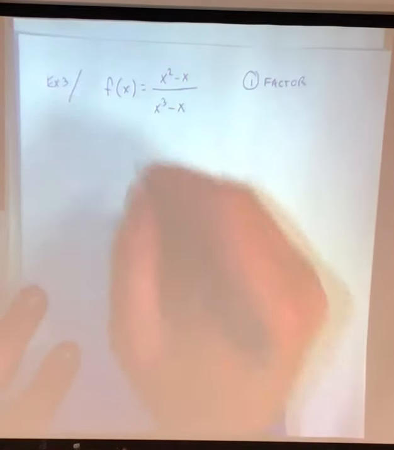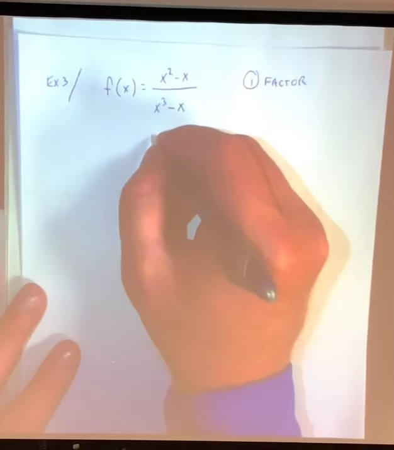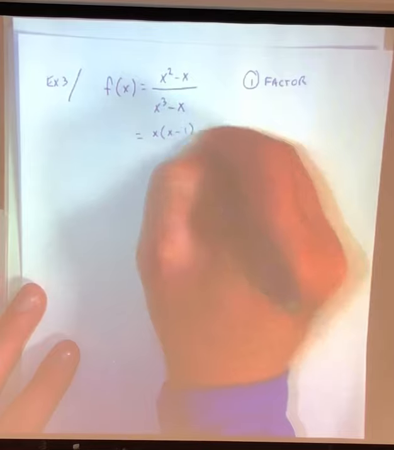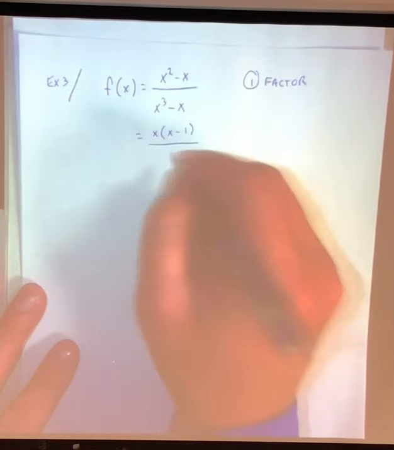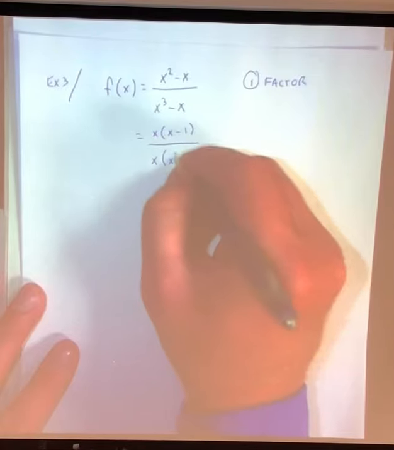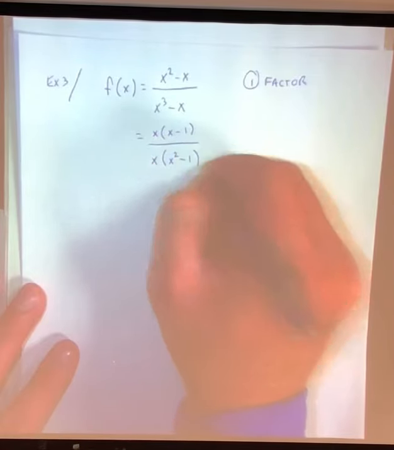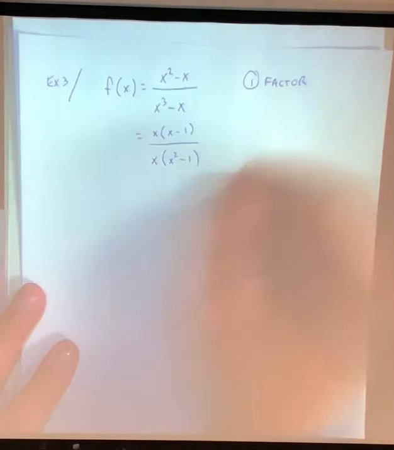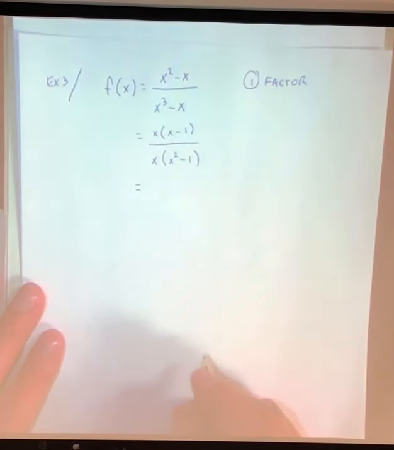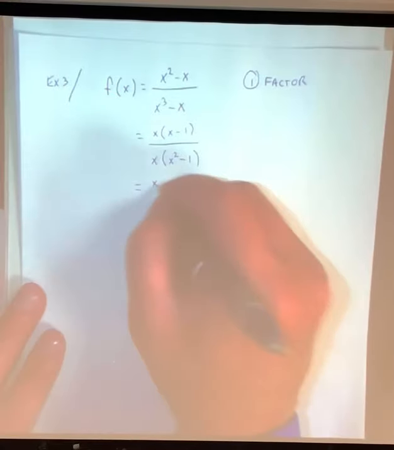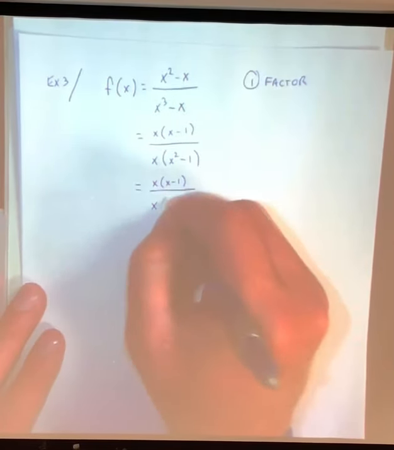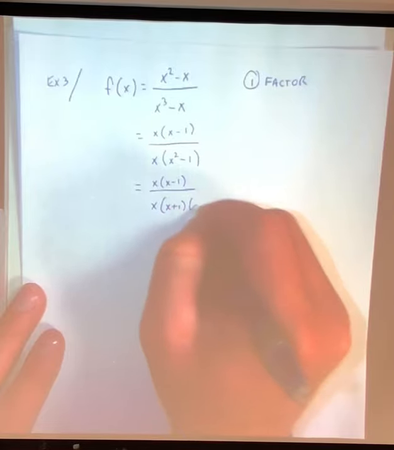Hopefully you can see on this, when we factor the top, we can take out an x. That's x minus 1. The bottom, again, we can also take out an x. That's x squared minus 1. And we know that x squared minus 1 can be factored again through x plus 1, x minus 1.